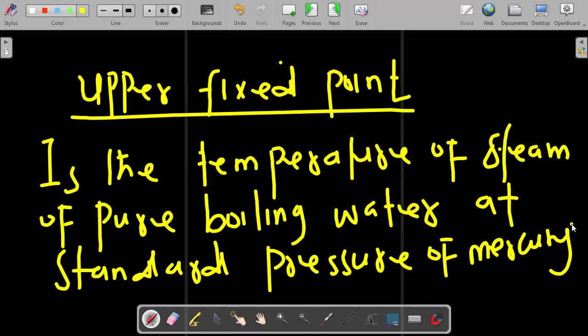When water boils, the vapor is steam. Generally it is referred to as vapor, but the actual name is steam.